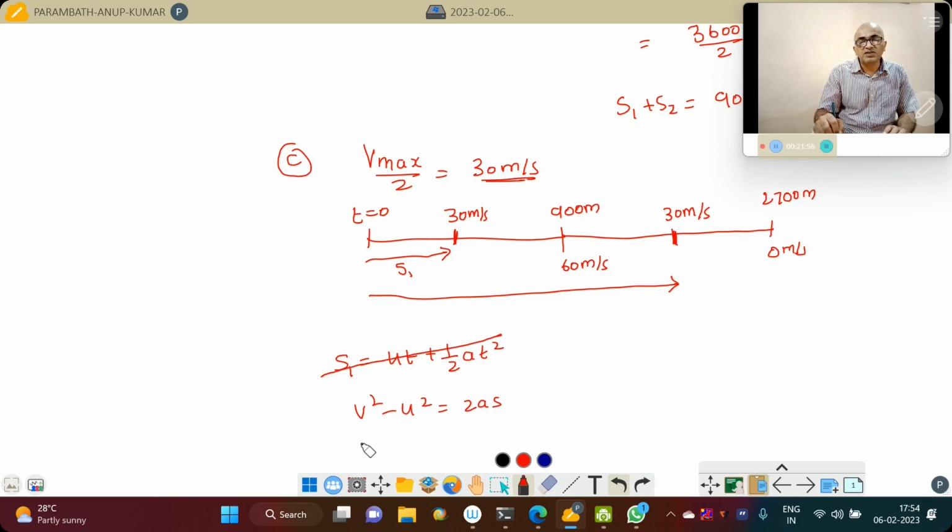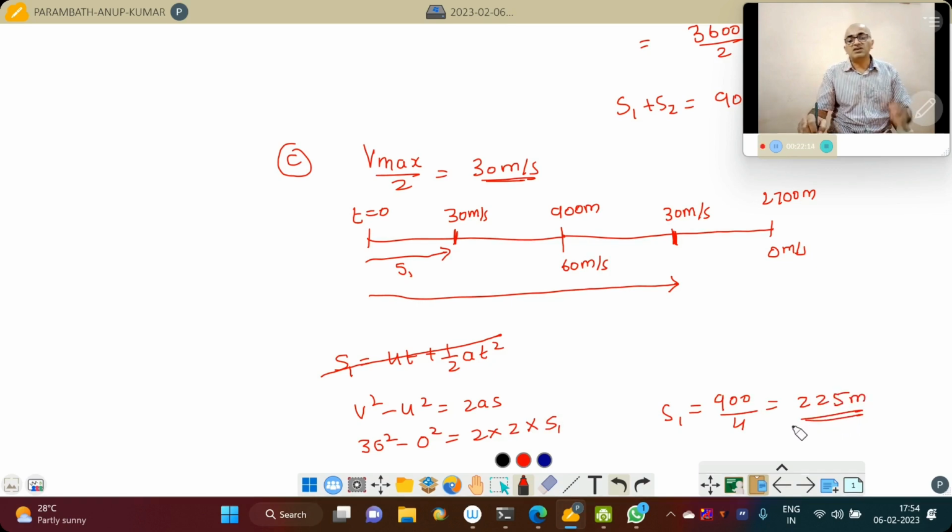I'll apply this: v square, 30 square, minus initial speed 0, is equal to 2 into acceleration, 2, into S1. So S1 is 900 divided by 4, that is 225 meters. In this way I got the distance covered in S1, the position at which it first has 30 meters per second.